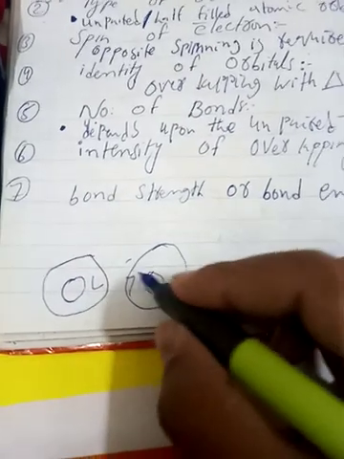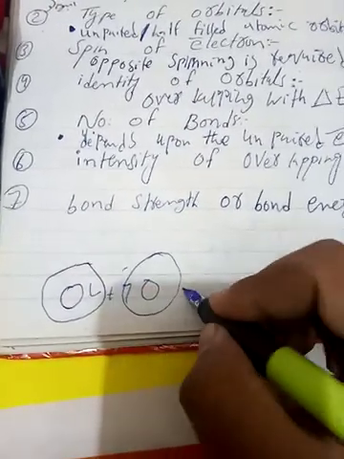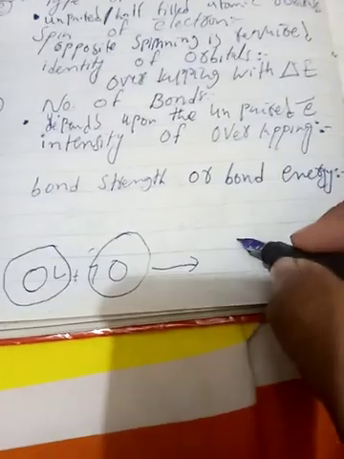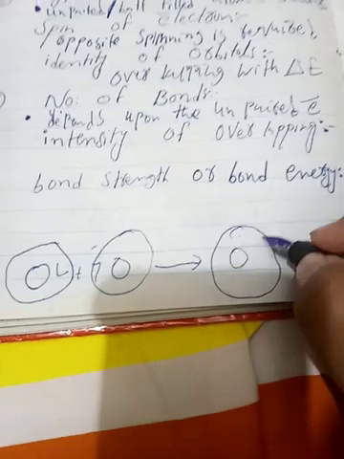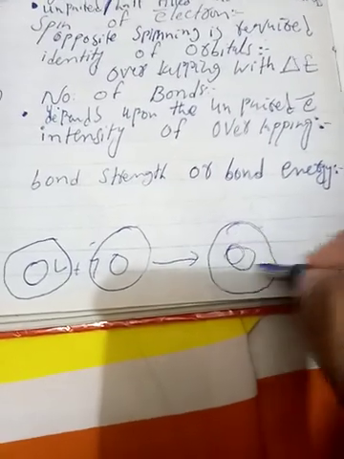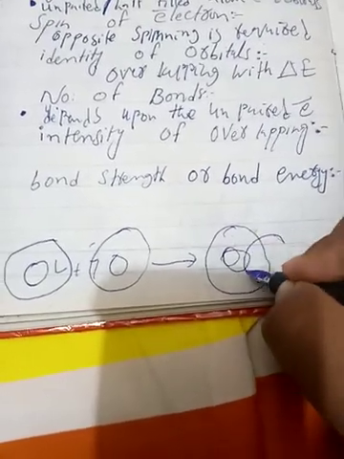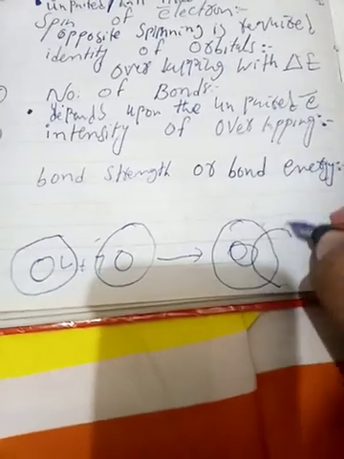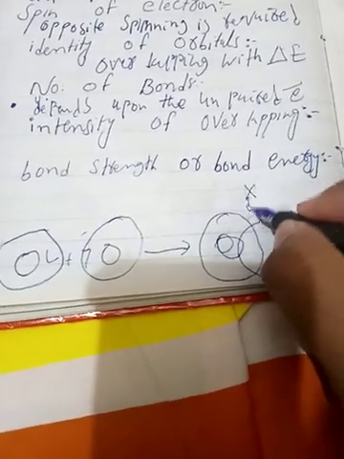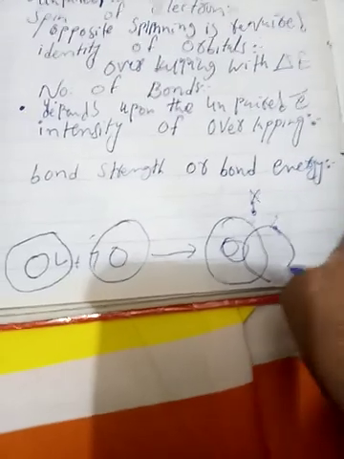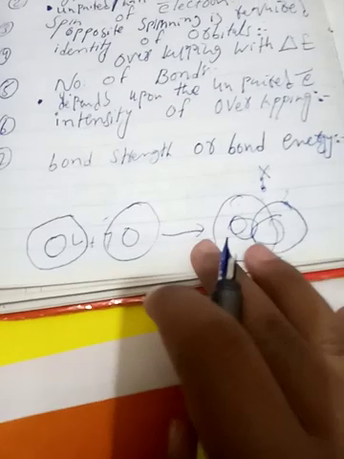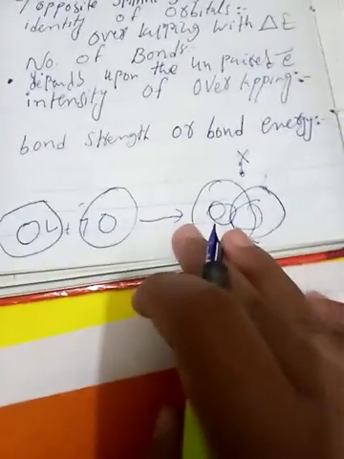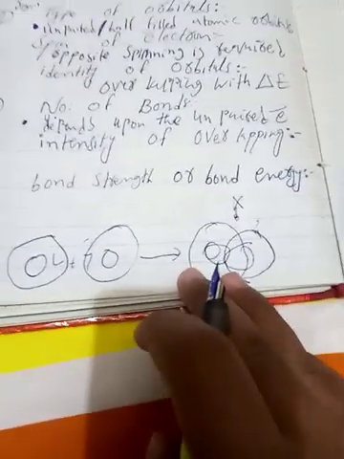Now if they want to share their electrons, they will not do it like this. This is the nucleus, and they will not be touching at the nucleus. So this one is a wrong one. This one is the wrong concept. The nuclei will not be changing their position, and the nuclei will not be touching the orbital.